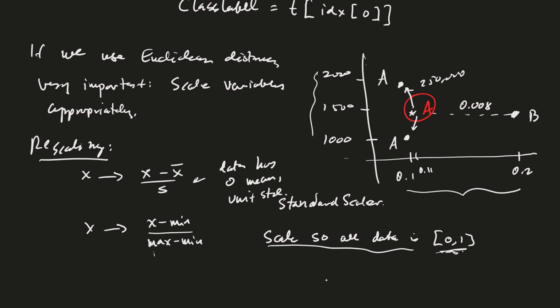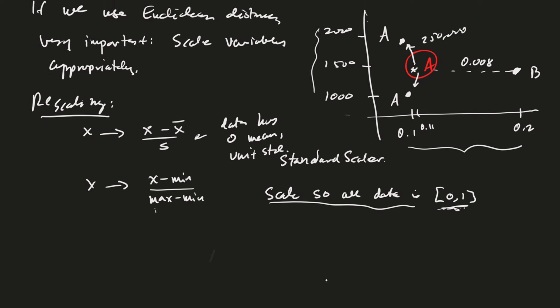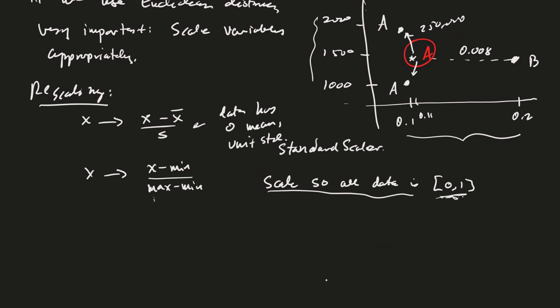All right, so rescaling is really important when you're working with the Euclidean distance. Of course, I should say that you don't have to rescale your data. You could change the metric instead.